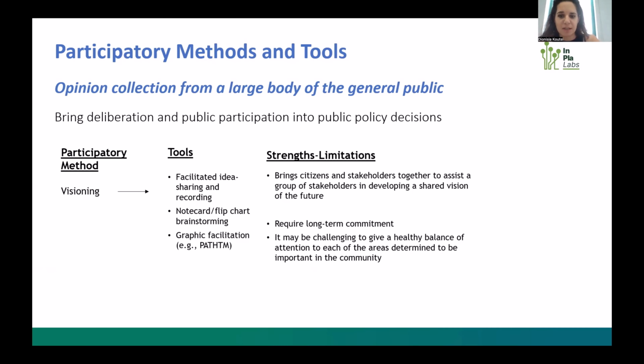This brings citizen stakeholders together because they try to imagine a common future and they have to discuss in order to, for example, create a common sentence that summarizes all the aspects that they want to agree on. So in this way, we have a bigger level of interaction and also a consensus that needs to be reached.